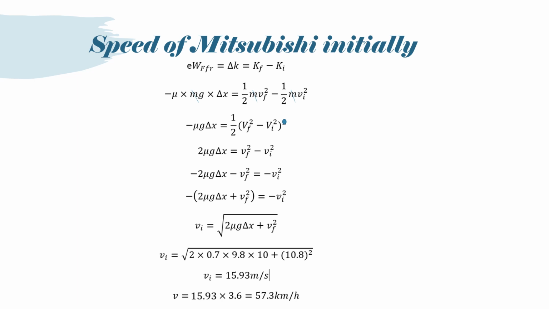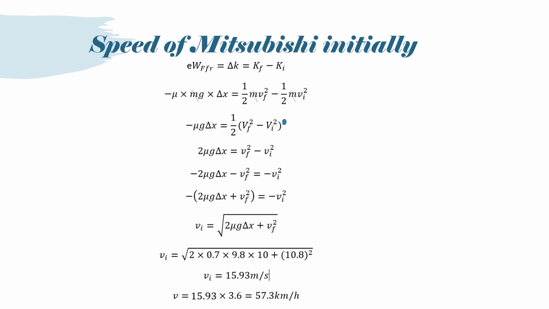So breaking down this equation, we can get work done by friction, which we can write as minus mu k times mass times g, which is its normal force, times delta x, that's a displacement, is equal to half m v square final minus half m v square initial.